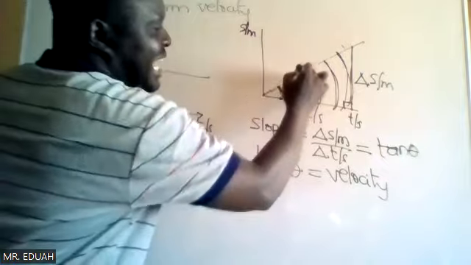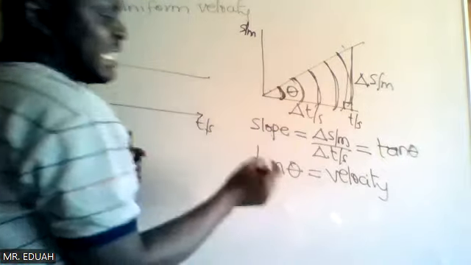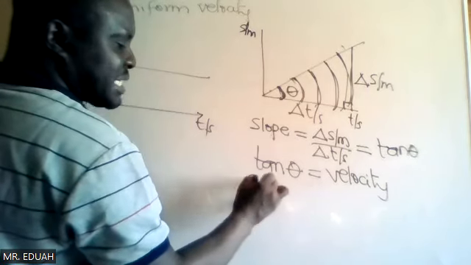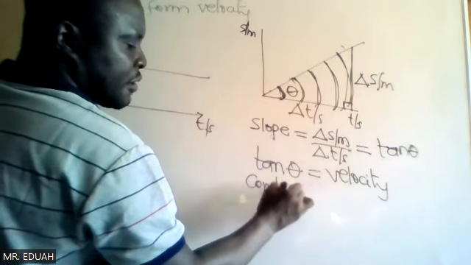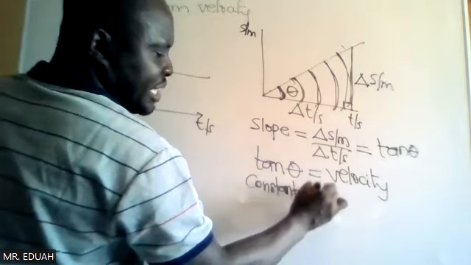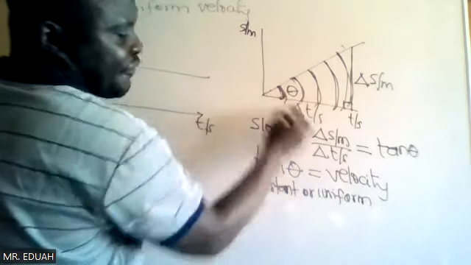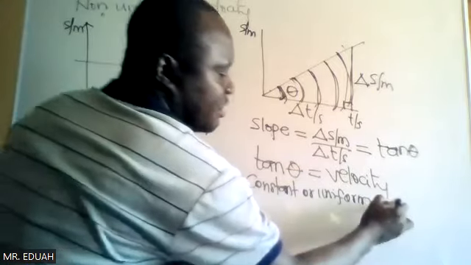So because this angle is constant, I can say that this is equal to a constant or uniform speed or velocity.